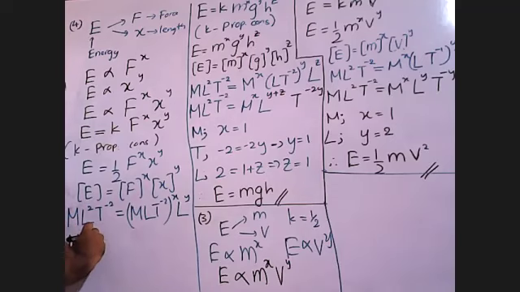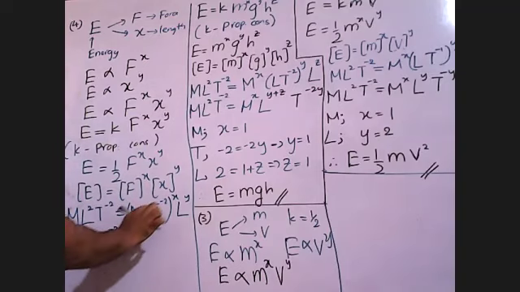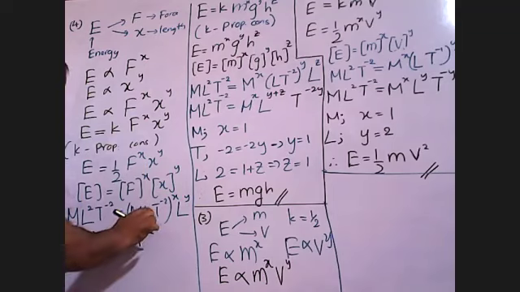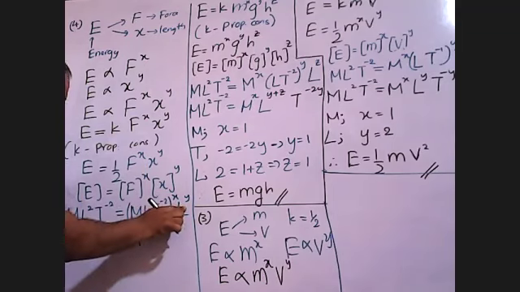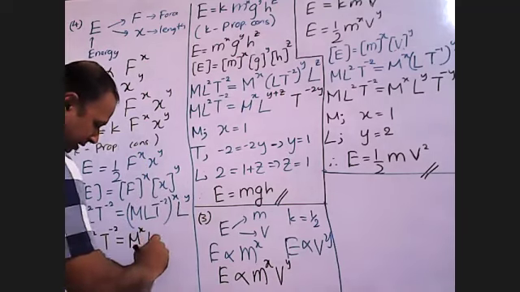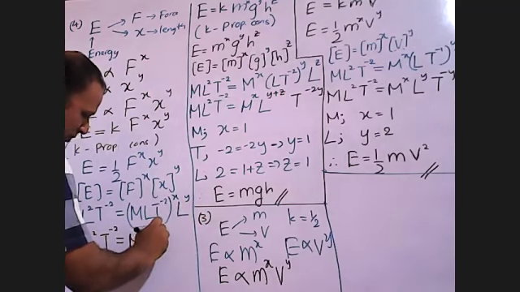So I can simplify this one, okay? M L squared T to the power minus 2 is equal to M to the power x. There are no other M's, therefore it is the simple format M to the power x. Then L to the power x, but there is another power L to the power y, therefore the total power of L is x plus y.